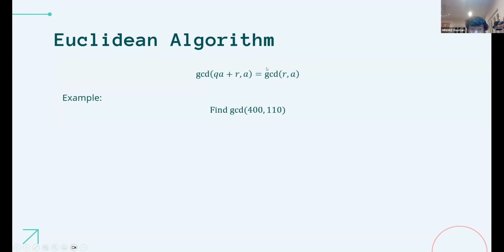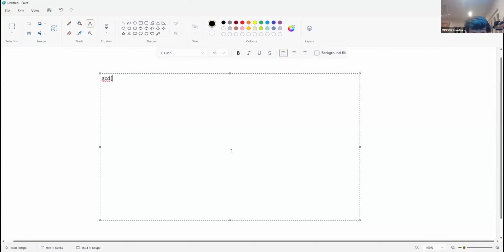Okay, but now we will present how to use the Euclidean algorithm. This is what I said on the slide: GCD of QA plus R and A is equal to GCD of A and R. What that means is if we wanted to find the GCD of 400 and 110, we know that 400 is equal to 3 times 110 plus 70, right?